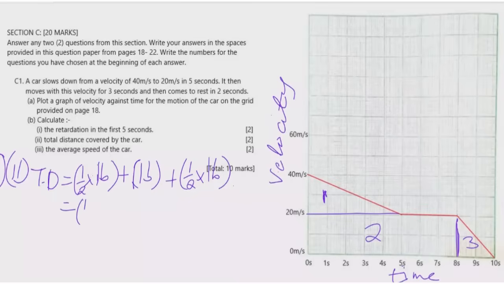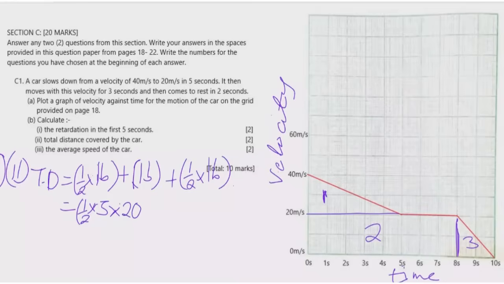So we say equal to, open bracket 1/2 times, first let me start with the triangle. This one is 5 seconds, so I'm going to take 5 as the length, times this one, from 40 to 20, the difference is 20, so I put 20 there.